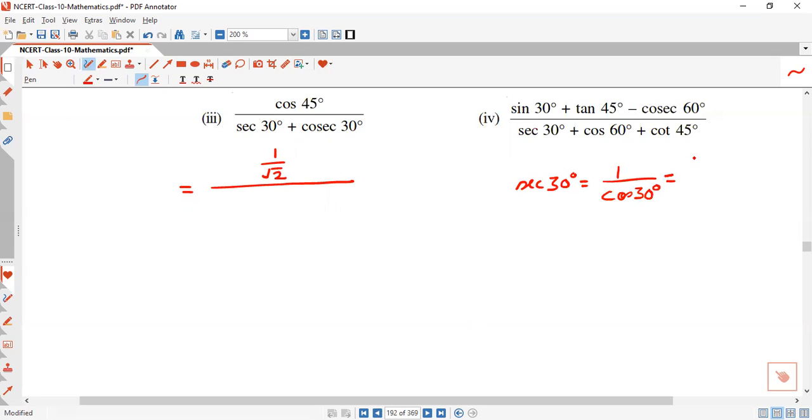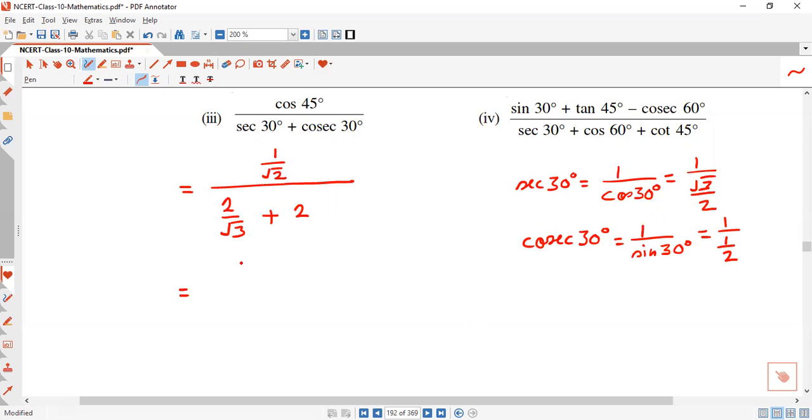And cos 30 degree is root 3 by 2. So sec 30 degree comes out 2 upon root 3, plus cosec 30 degree. We know cosec 30 degree is equal to 1 upon sine 30 degree, and sine 30 degree means 1 upon 2. So this value comes out 2.